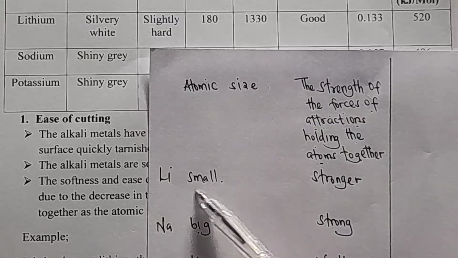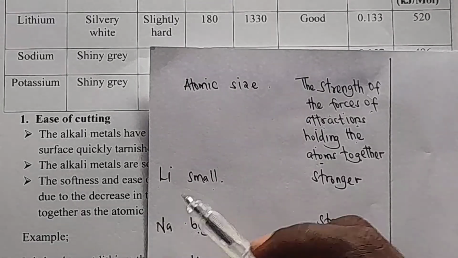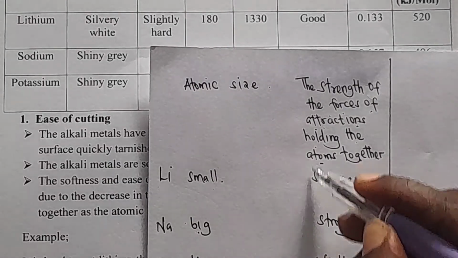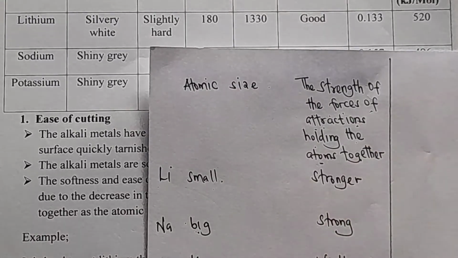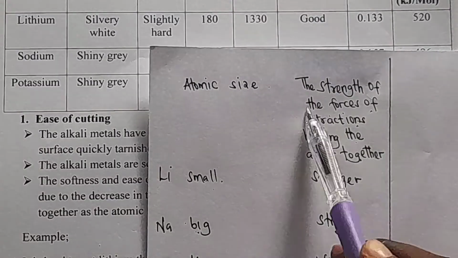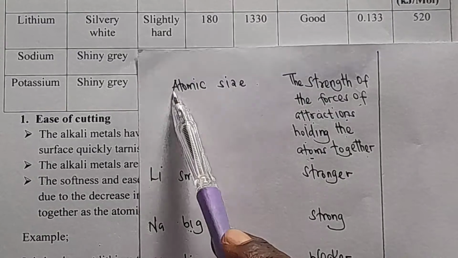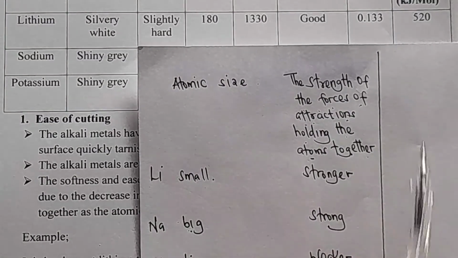To check the atomic size, initially it was small, it became big, then it became bigger. That means the atomic size is increasing down the group, but the strength of the forces holding the atoms together is decreasing down the group. So the reason is, this is due to the decrease in the strength of the force of attraction holding the atoms together as the atomic size is increasing down the group.